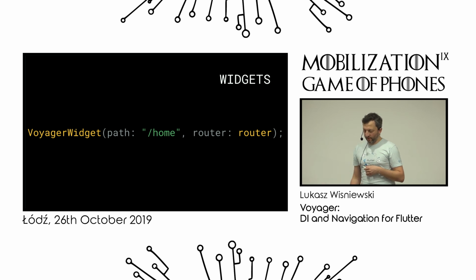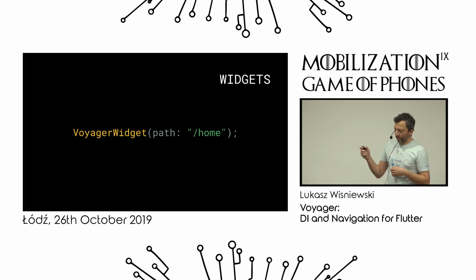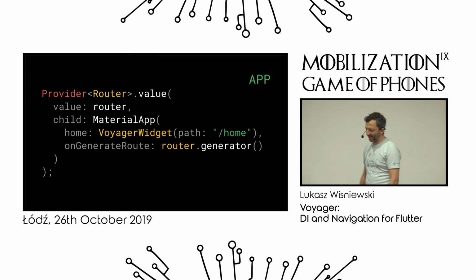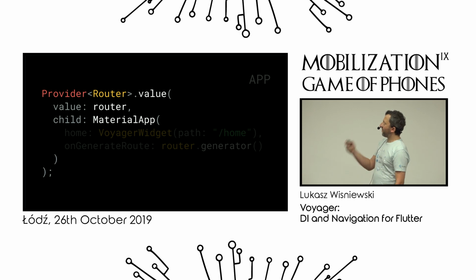You can even omit the router and use solely the path. To do that, you need to go to the next slide and provide the router above your material app. This will expose the router to any widget you're going to create later on.